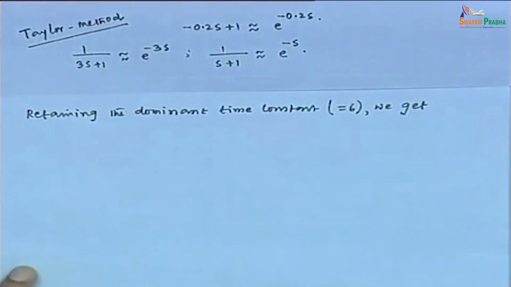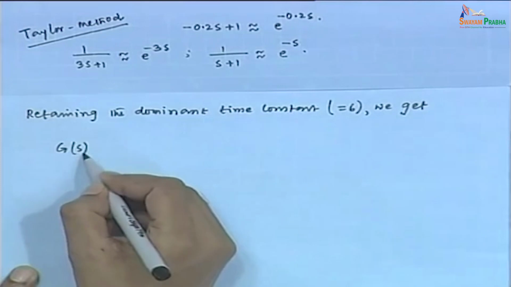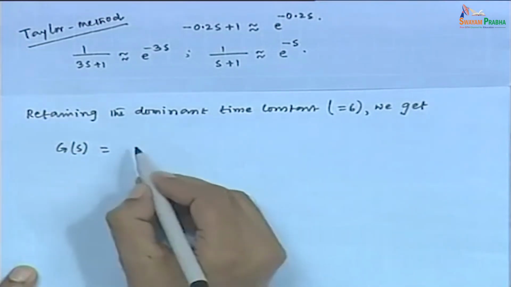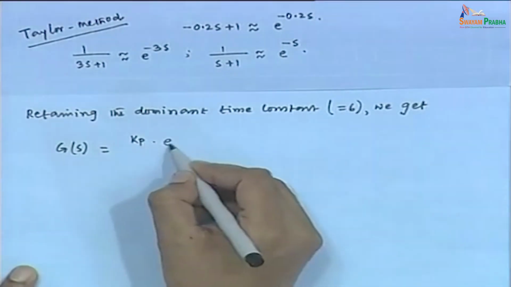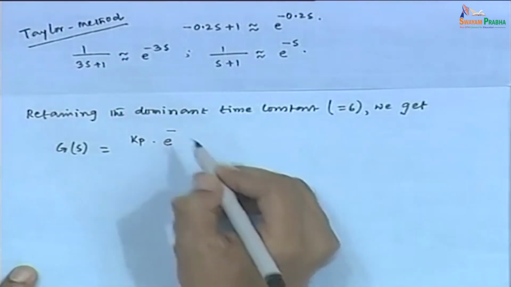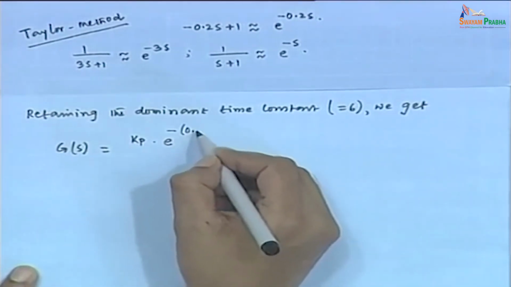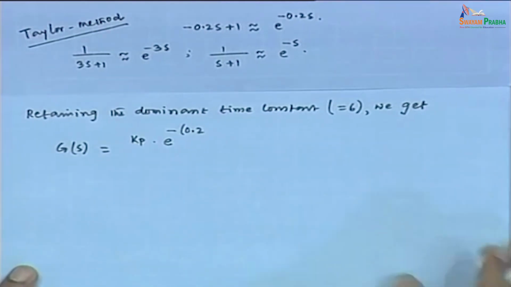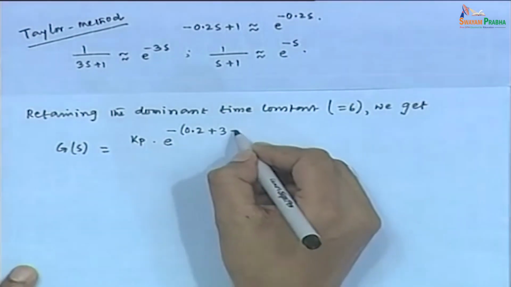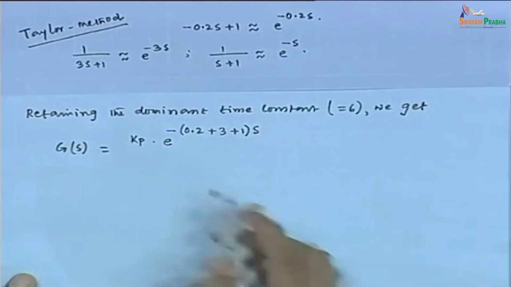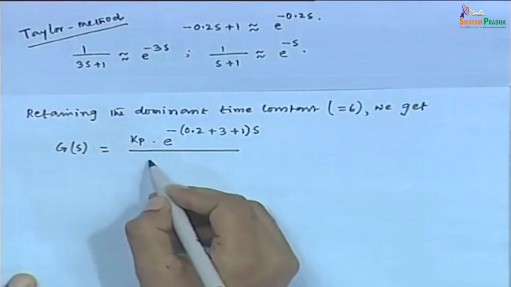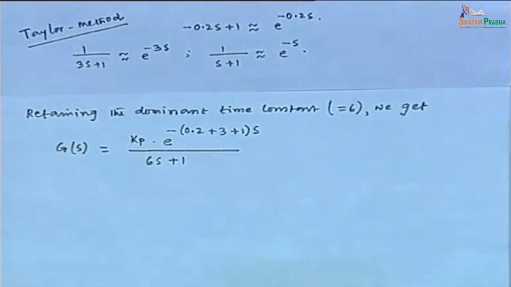We get G(s) equal to Kp exponential of minus (0.2, another one is 3, and third one is 1) multiplied by s, and the largest time constant remains in the denominator.